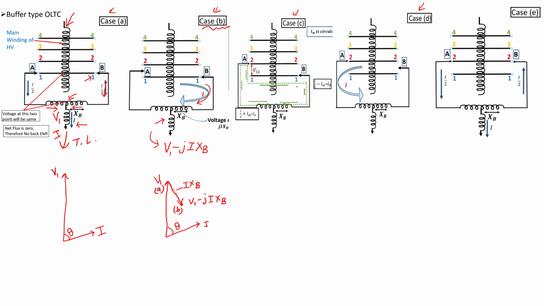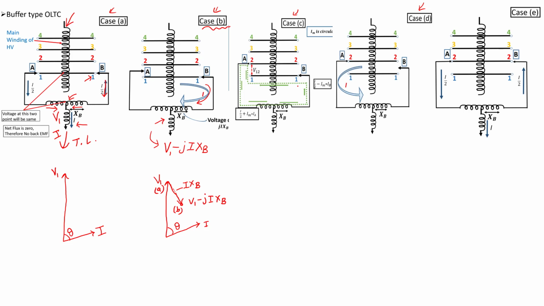And in case C, what is case C actually? The A, which is lifted, is now touching the tap 2. So the currents and voltage situation is like this. Now again, nearly half of the current will shift to tap 2 and half of the current will shift to tap 1.